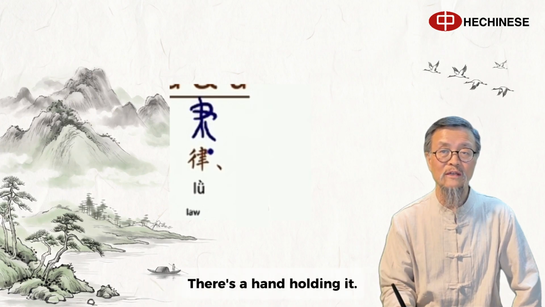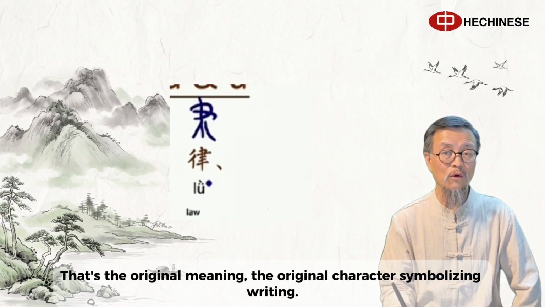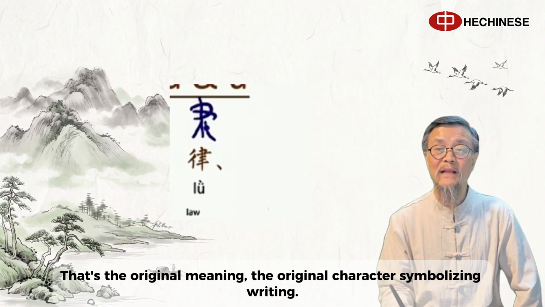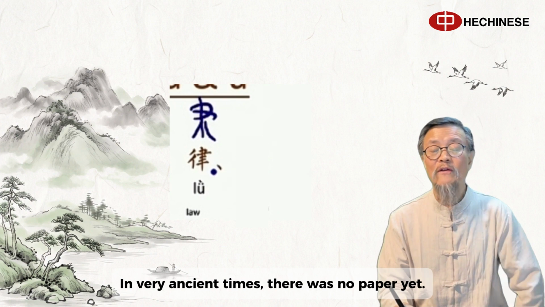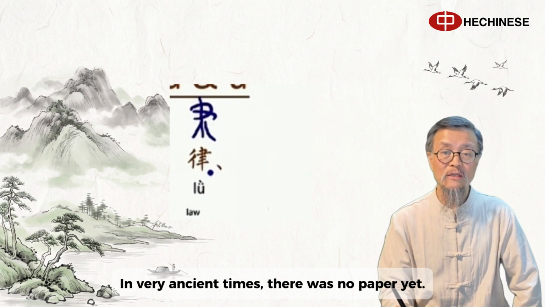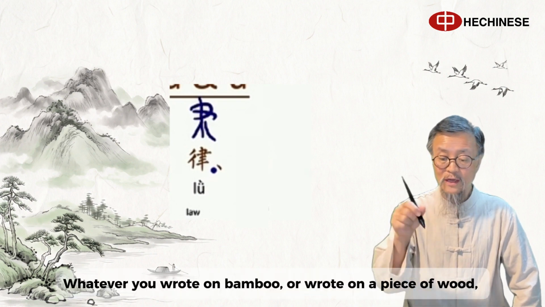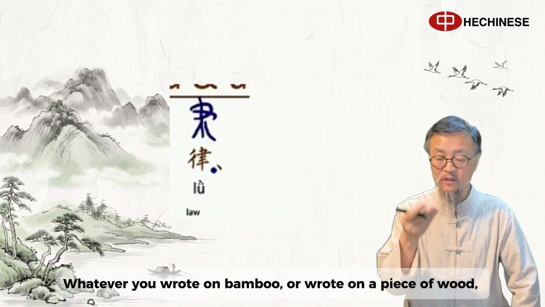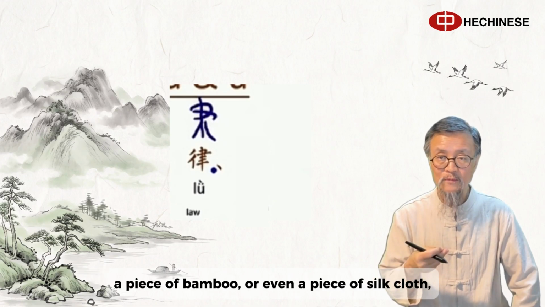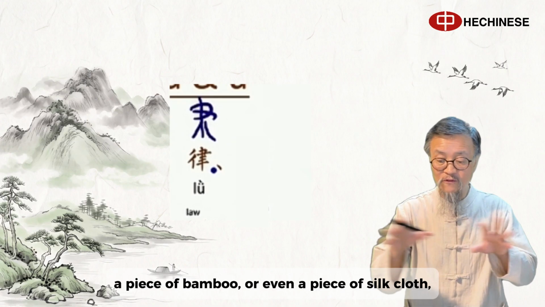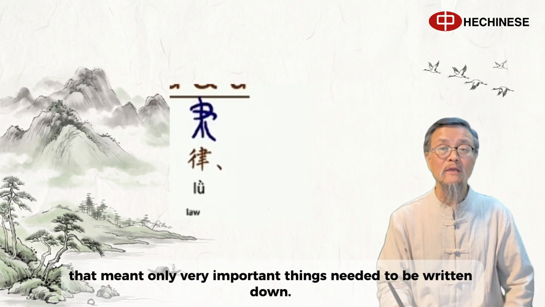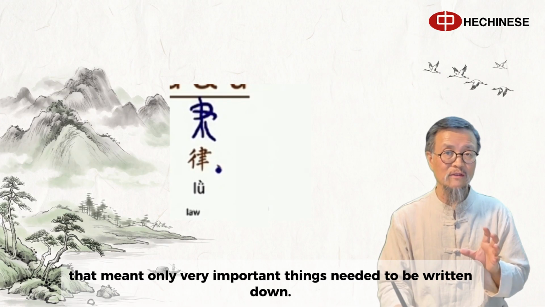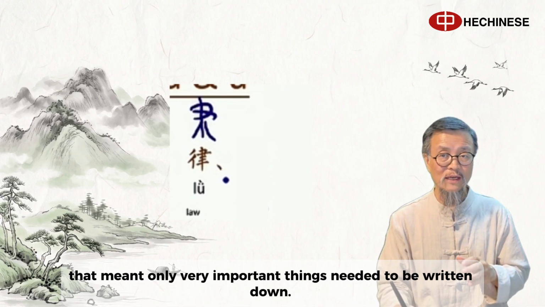That's the original meaning, an original character symbolizing writing. In very ancient time, there was no paper yet. Whatever you write on the bamboo, a piece of wood, or even a piece of silk cloth, that means only very important things need to be written.